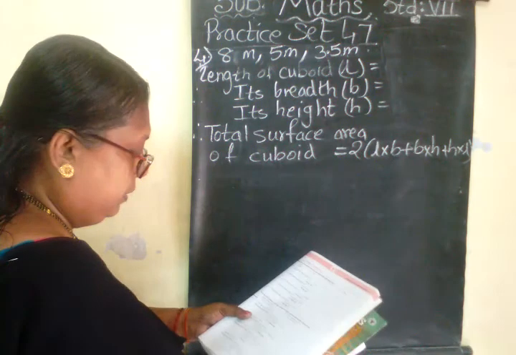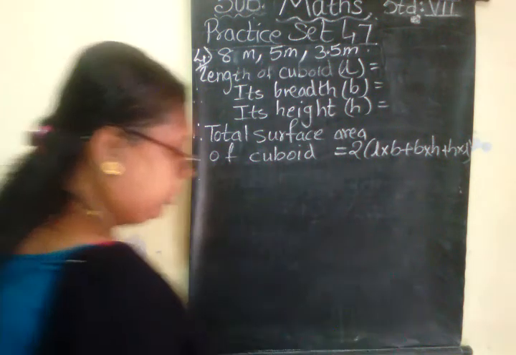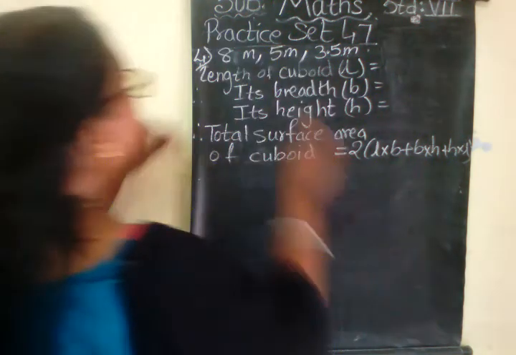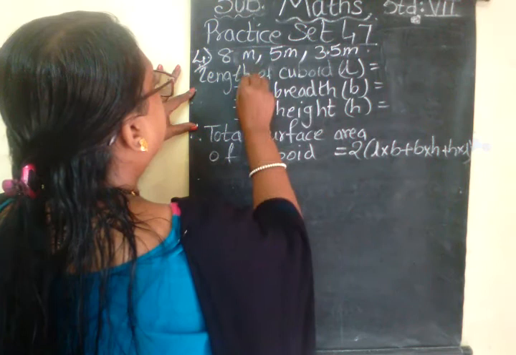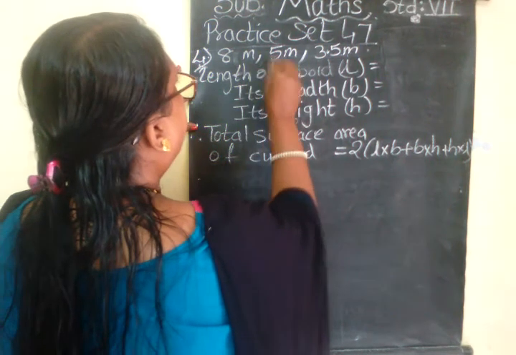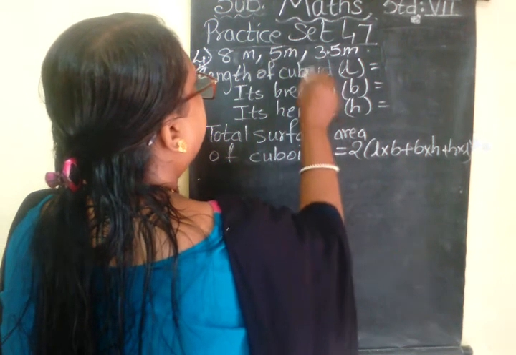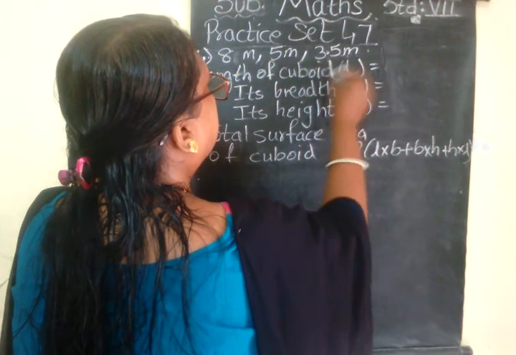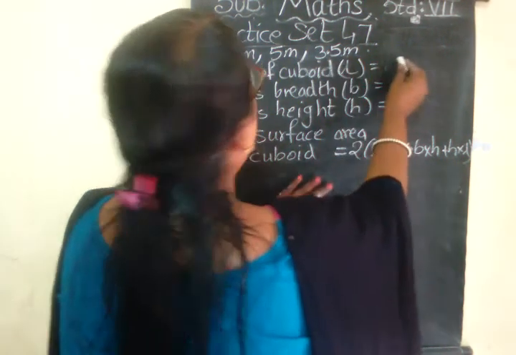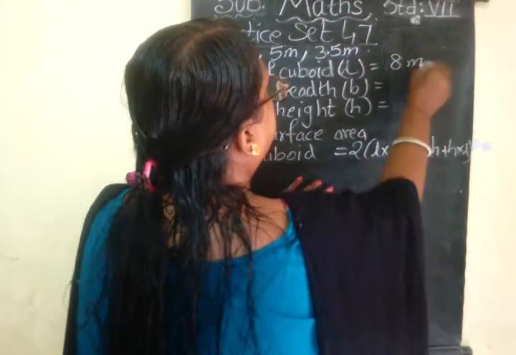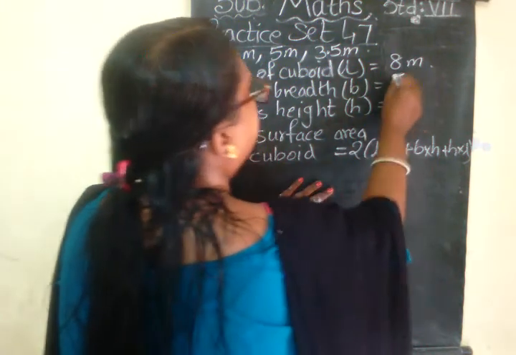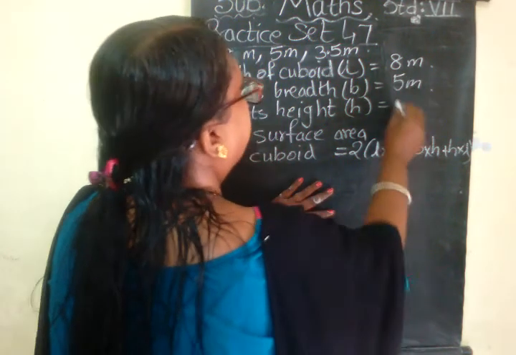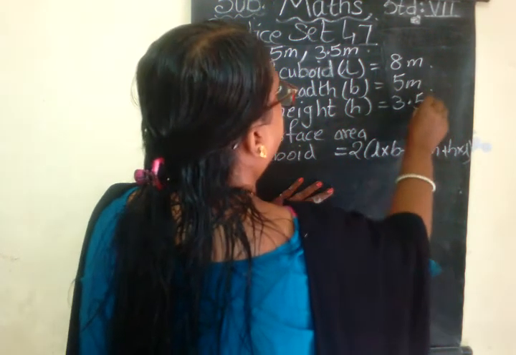So as per the given question, we will solve. Length of cuboid L is equal to 8 meter, breadth is 5 meter and height is 3.5 meter.